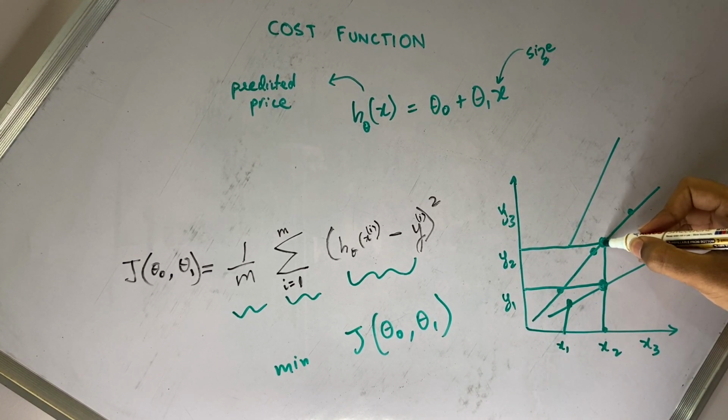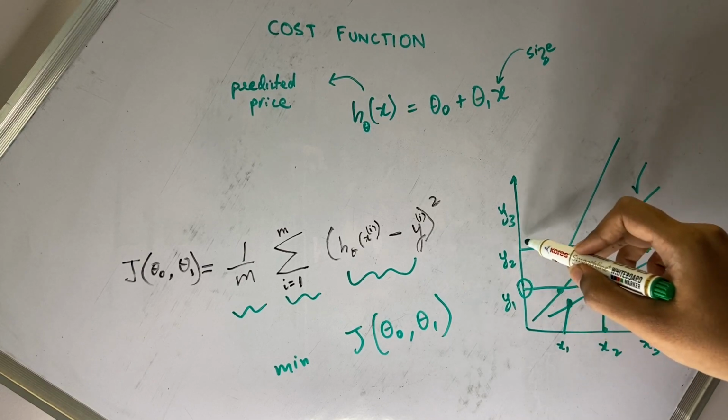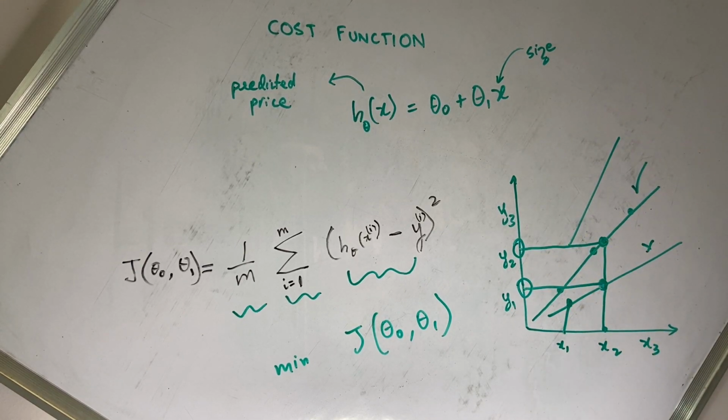So there's a lot of gap between the best hypothesis function and the worst one because there is a lot of gap between the predicted values.